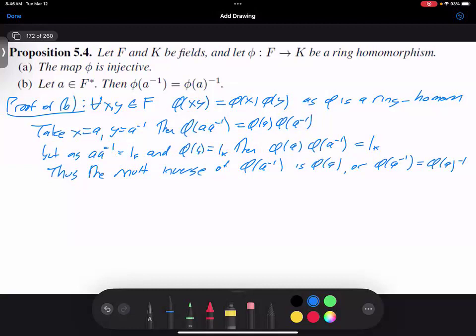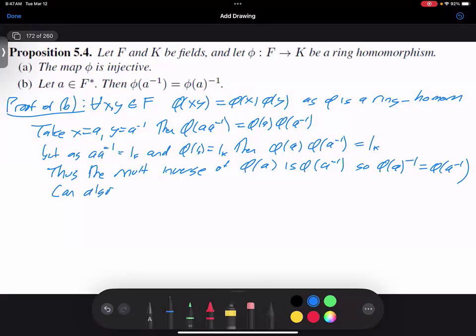I'm sorry, I think I wrote it the wrong way. Okay, so we're looking at things in terms of phi of A. Sorry. So the multiplicative inverse of phi of A is phi of A inverse. I thought the book wanted me to prove it the other way around. Okay, sorry. So the inverse of phi of A is phi of the inverse of A. Just putting the parentheses in the right way.